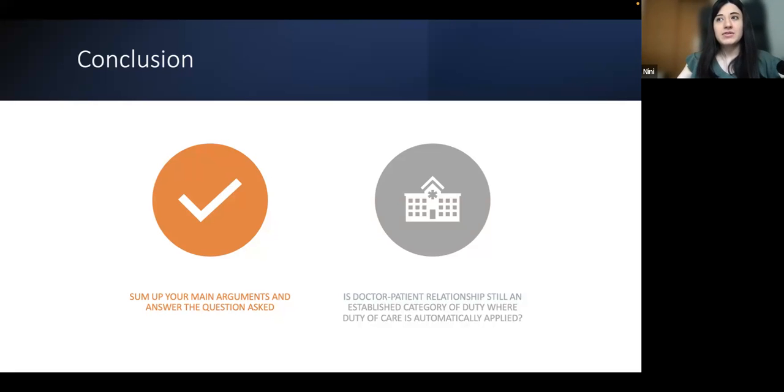So it will be very exceptional case if the court considers that the hospital doesn't owe a duty of care to patient. That must be a really, really exceptional case. So normally, yes, it's still an established category of duty of care, but it is not automatically assumed. Duty of care test still applies.